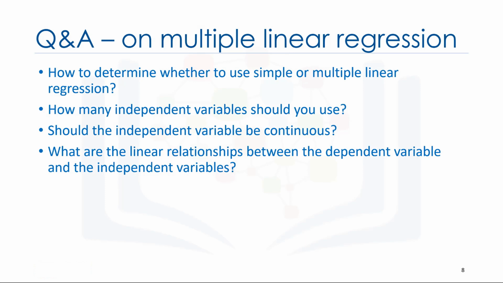So, there needs to be a linear relationship between the dependent variable and each of your independent variables. There are a number of ways to check for linear relationship. For example, you can use scatter plots and then visually check for linearity. If the relationship displayed in your scatter plot is not linear, then you need to use nonlinear regression.